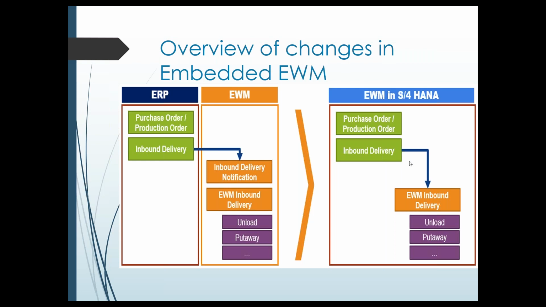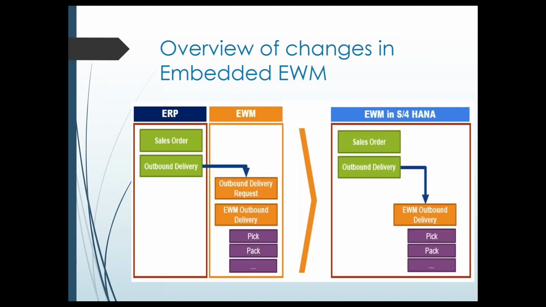But now, as soon as we create a purchase order or a production order, an inbound delivery gets created and turned directly into an inbound delivery in EWM; there is no notification. What does that mean? The duplication of the deliveries has been completely reduced. This is what we can see here. That's the difference between S4 and the EWM 9.5 version, which someone asked me about earlier.